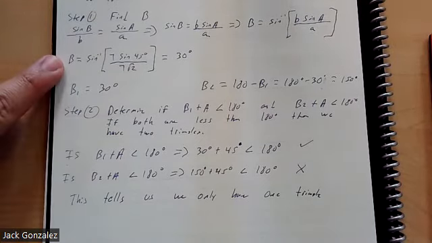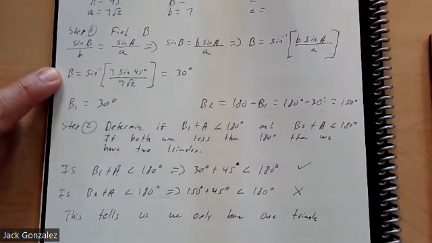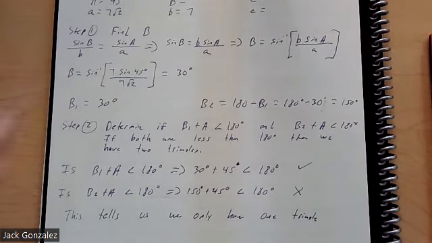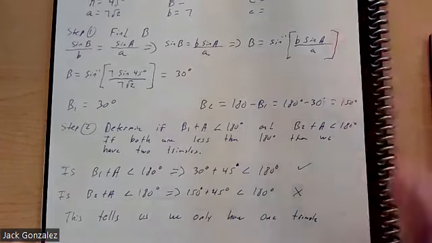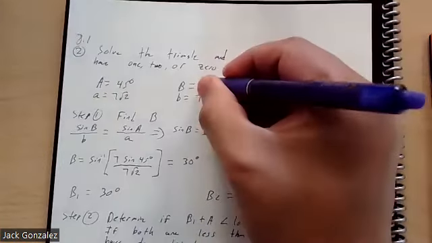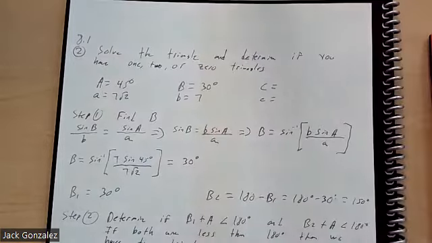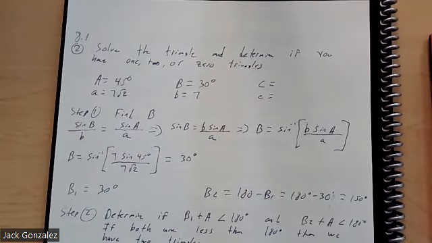It'll happen here. Like when you try to find your first angle, you will get an error. It'll be impossible. Okay. So we found B to be 30, right? So we can find C, no problem.